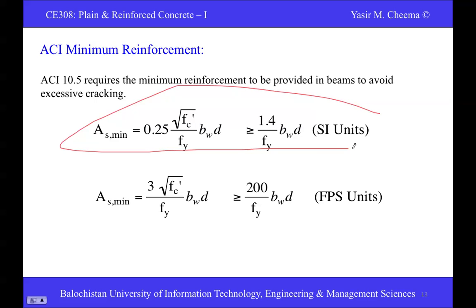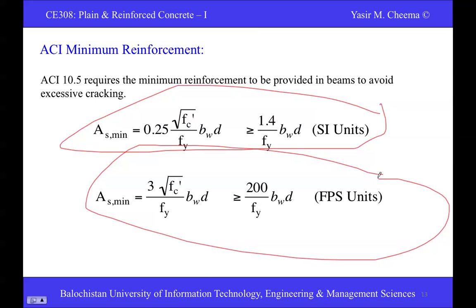This is for SI units and this is for FPS system units. If you are given millimeters or meters, then you use the SI unit. If it is feet and inches, you have to use the other one. Here bw is the width of the section, d is the effective depth, f'c and fy are the compressive strength of concrete and the yield stress of steel.